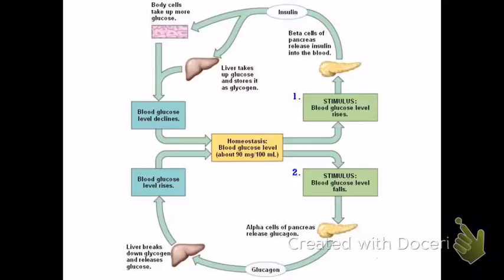Okay, and this is showing you glucose right here. And so you'll see, just looking at the picture, and it's important that you learn how to read pictures. And so homeostasis is that normal, right? Well, when blood glucose rises, so let's say you ate a piece of cake. The pancreas releases insulin that tells your cells and your liver to absorb the sugar so that the blood sugar goes back down.